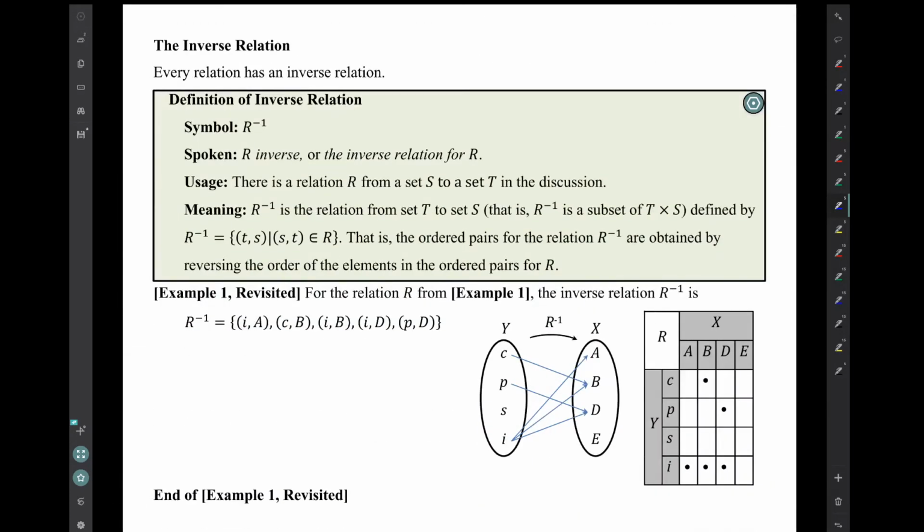Now I want to talk about the inverse relation. Every relation has an inverse relation.